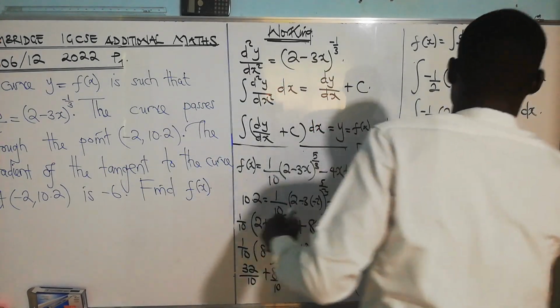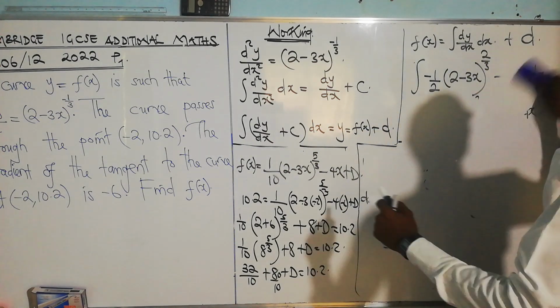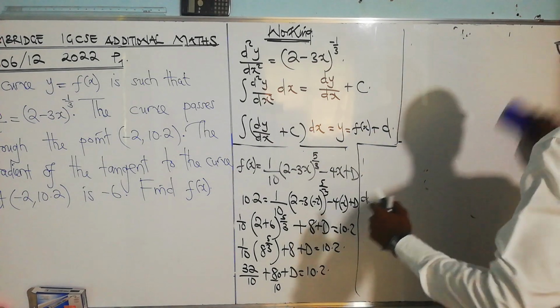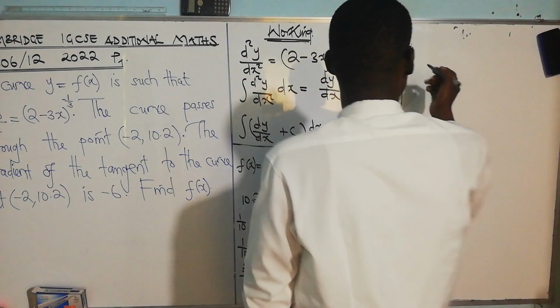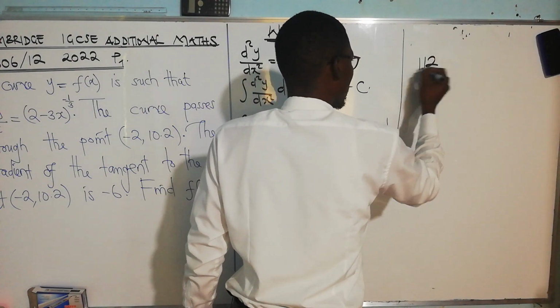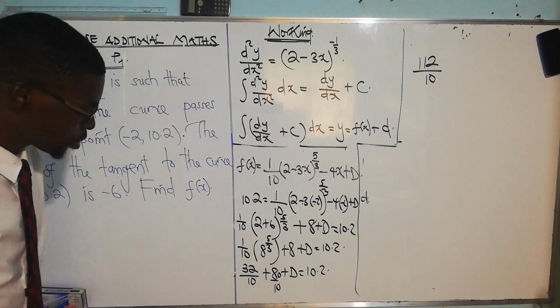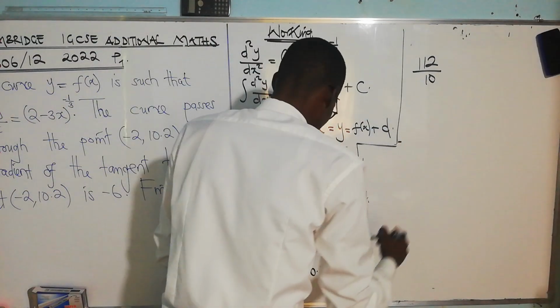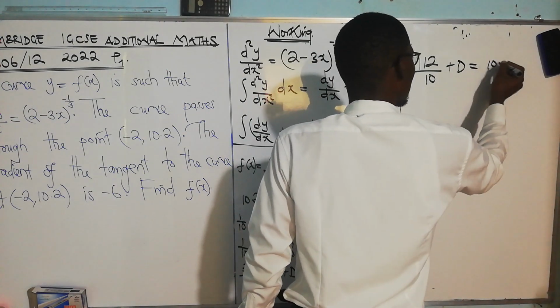So this is going to give us 112 over 10, because 32 plus 80 you get 112, then plus d is equal to 10.2.